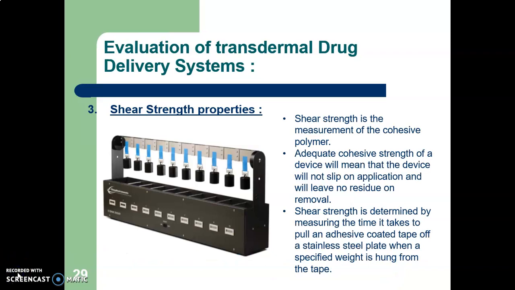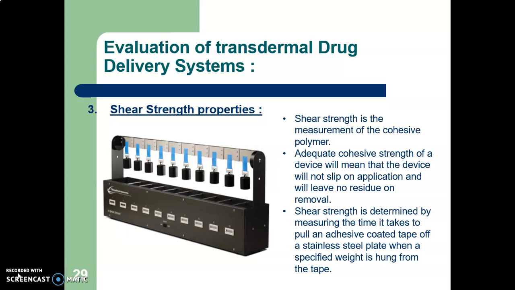Third property is shear strength. Shear strength is the measurement of the cohesive strength of the polymer. Adequate cohesive strength of a device will mean that the device will not slip on application and will leave no residue on removal.